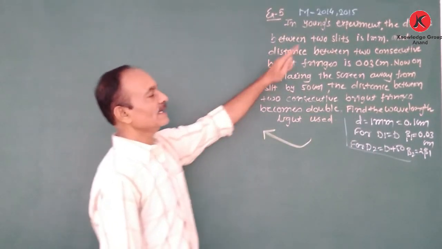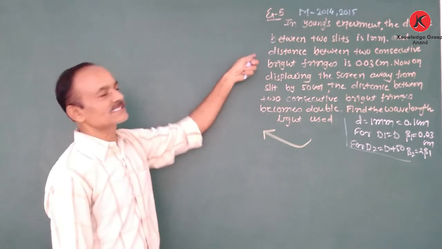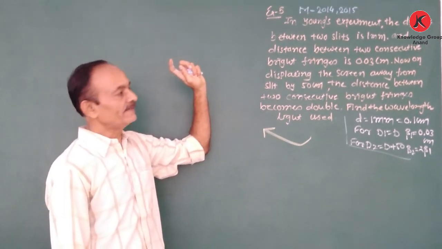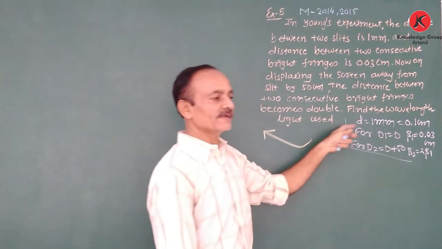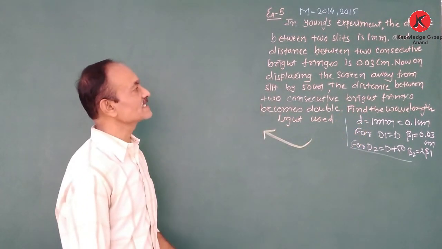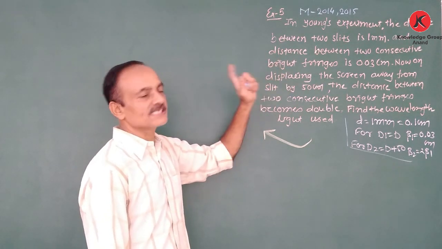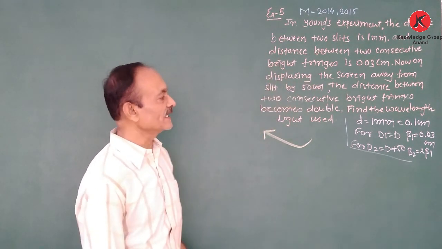Okay, now in this numerical, in Young's experiment, the distance between the two slits is 1 millimeter. That is given in millimeter, we convert it into centimeter, 0.1 centimeter. And the distance between two consecutive bright fringes is 0.03 centimeter.